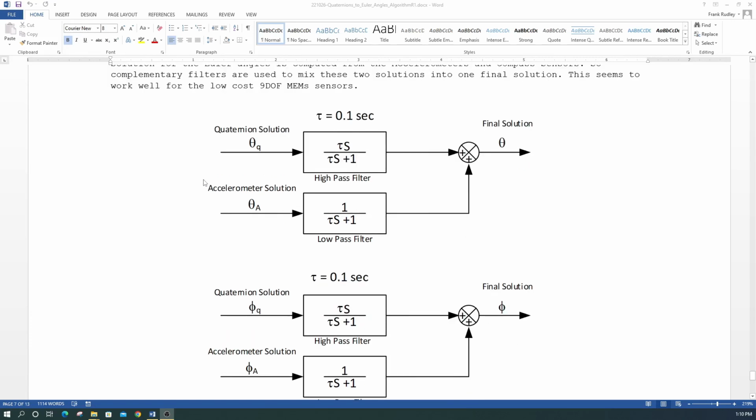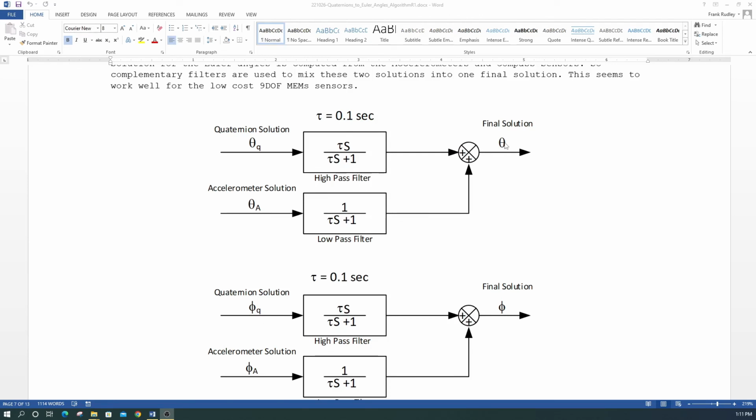So basically what you do is you take your quaternion solution, which is the short term, and the accelerometer solution, which is the long term, and put this through a low pass filter. I set tau to 0.1 seconds, and this is a high pass filter. It actually washes out, and you just add the two together, and then you get a final solution. So this is the one derived from the quaternion, and this is the one derived from the accelerometer, and you put it through what is called a complementary filter.